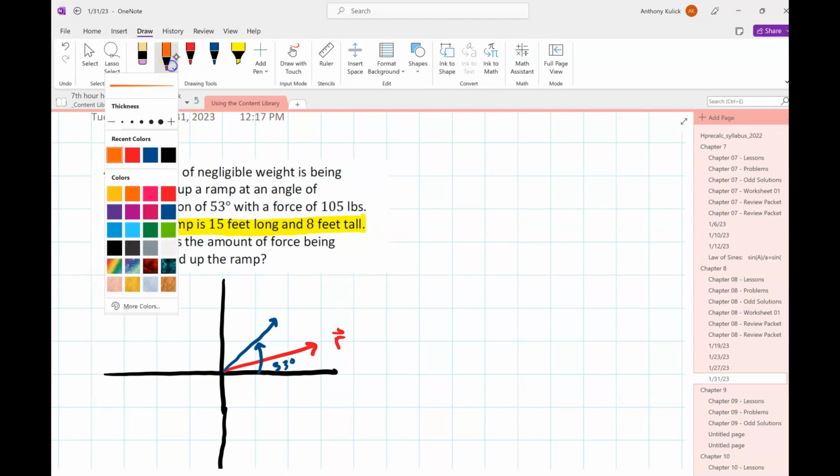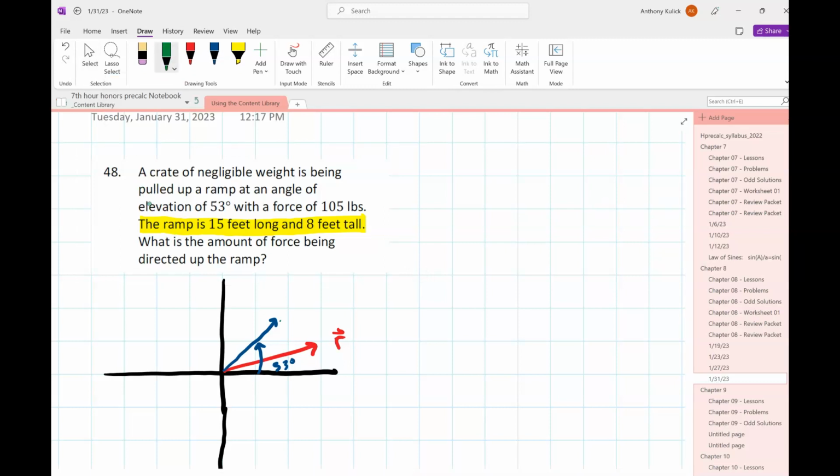We'll use green or something, right? That'd be better. There. Yes.